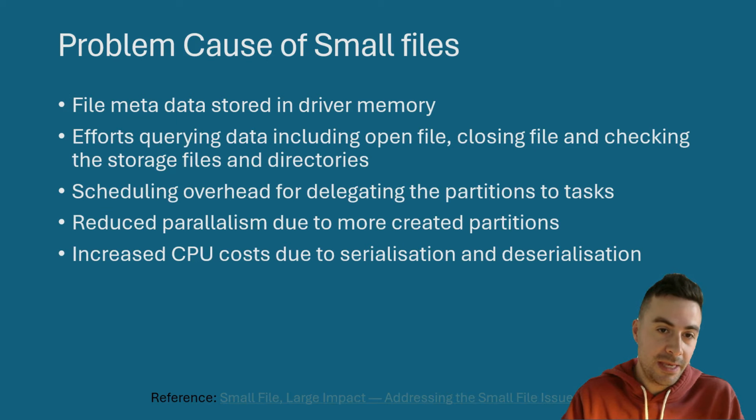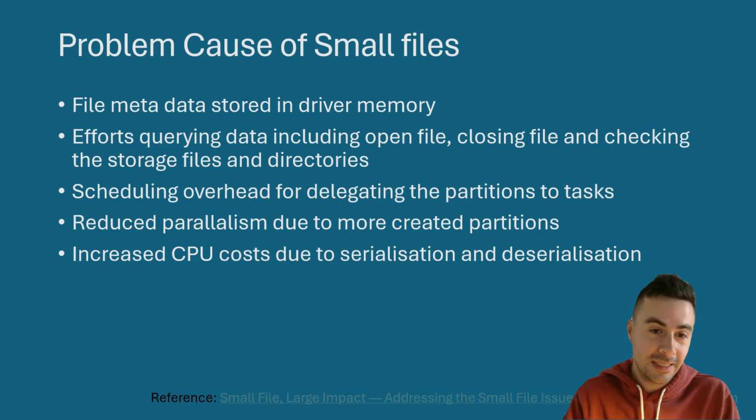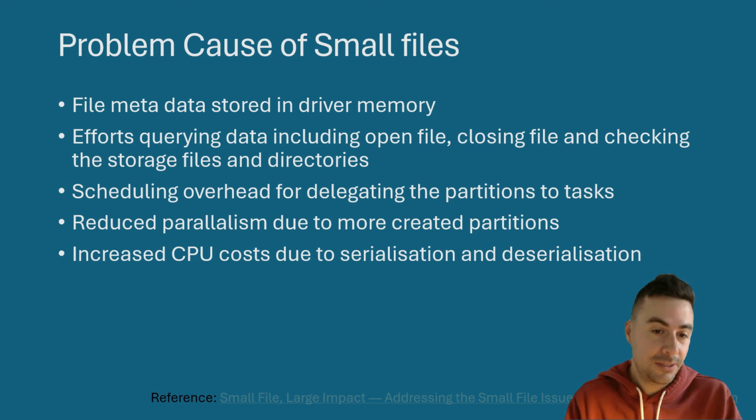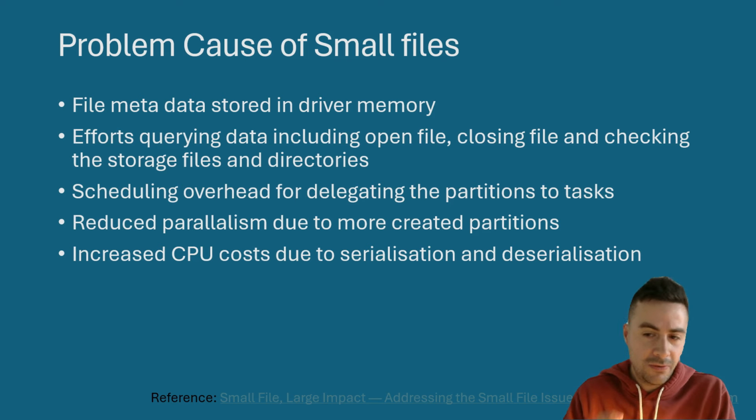So except for the metadata saving and opening, closing the data, we also have this whole overhead of scheduling. So we have a lot of small pieces of data to schedule across the executors. And this reduces the parallelism and might also increase CPU cost due to a lot of serialization, deserialization. So you don't do one deserialization for a big file, but rather a lot of small files. And that's also another overhead which we have.